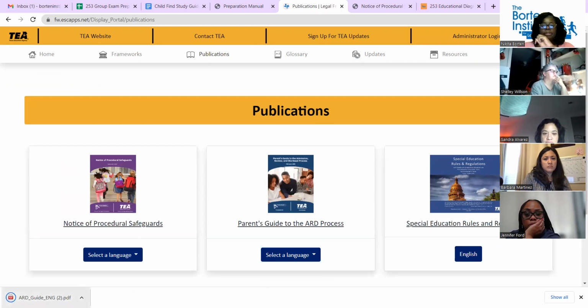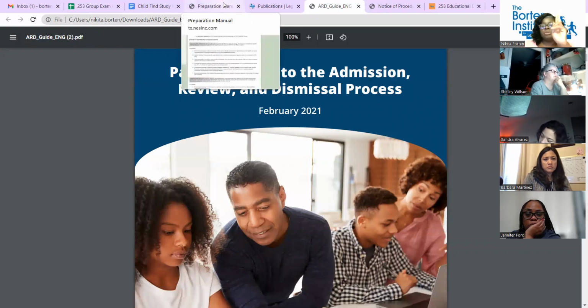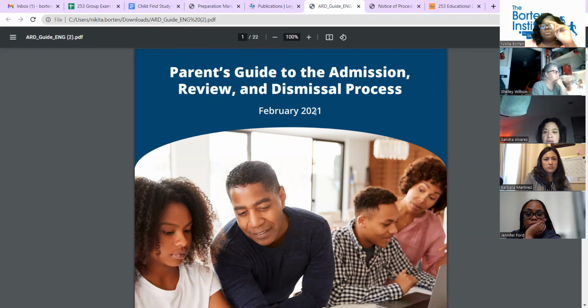This is another booklet that we are responsible for giving parents so that they have this. And this is a February 2021 update. The procedural safeguard booklet was February 2022, which was the most current. With the parent guide, February 2021 is the most current.